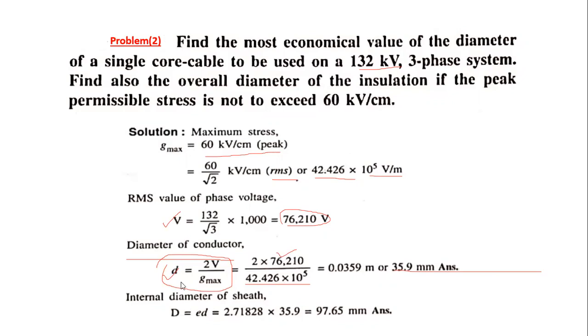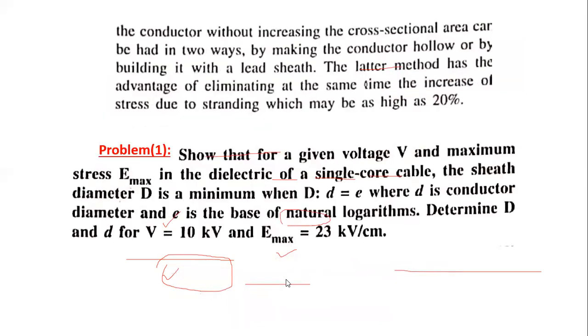What is d? That is the diameter of a conductor, 35.9. This is the internal diameter of a sheath.